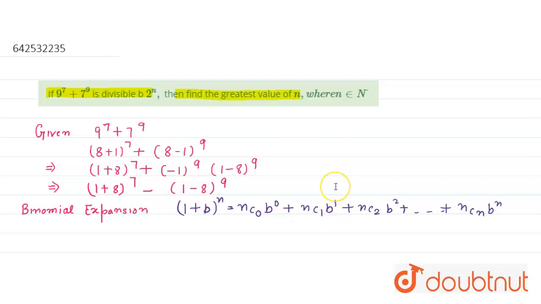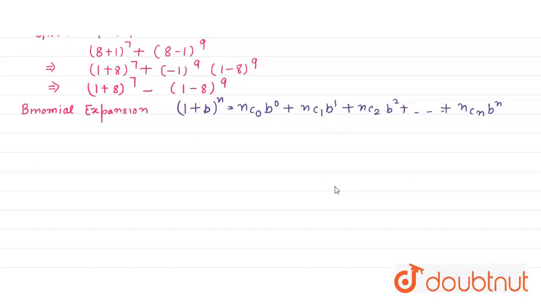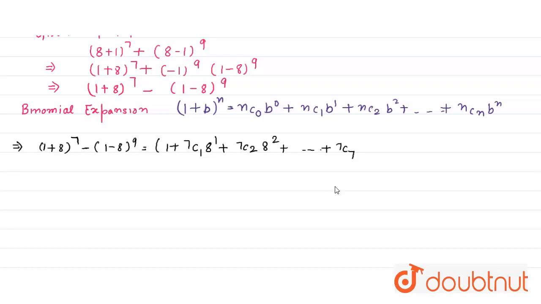If I use this expansion, 1 plus 8 raised to the power 7 will become 1 plus 7C1 8 raised to the power 1 plus 7C2 8 raised to the power 2 plus, and so on, plus 7C7 8 raised to the power 7, minus 1 minus 8 raised to the power 9.